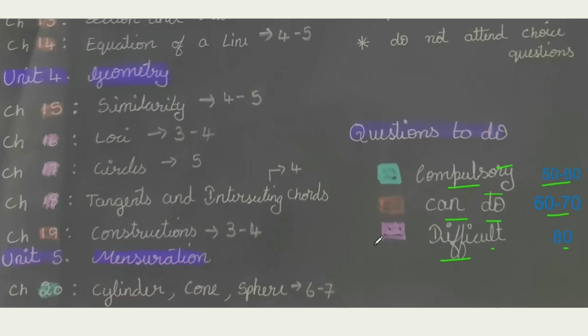These are a little bit difficult level of questions. So assume that compulsory questions are level 1, can do questions are level 2 and difficult is level 3. So let's start the main part of the video.